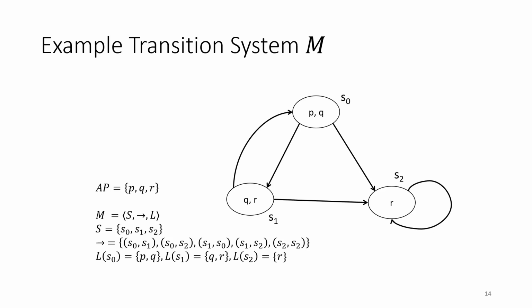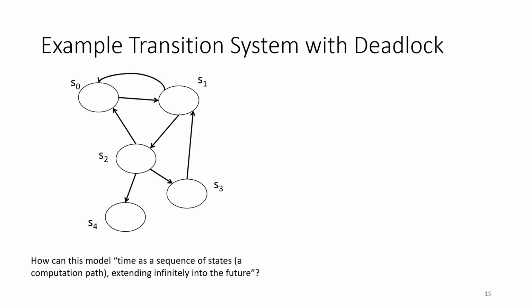S0 goes to S1, that's this transition, that's the first tuple in this relation. S0 goes to S2, that's this arrow. So it's just a different way of representing this. And these transition systems are now what we want to evaluate our LTL formulas over.